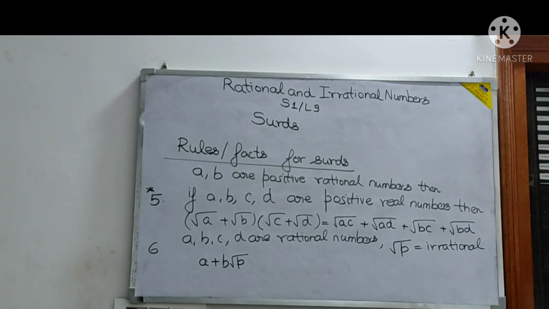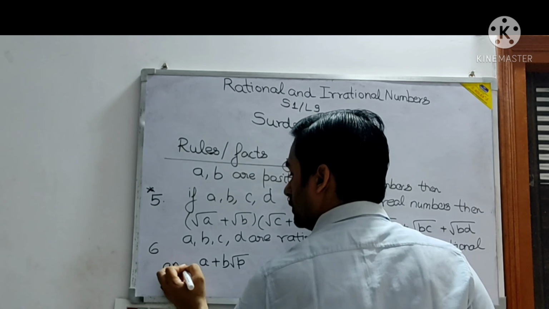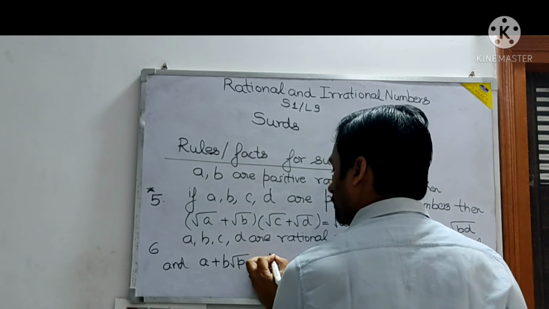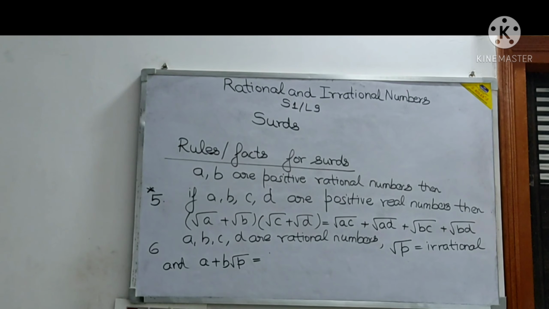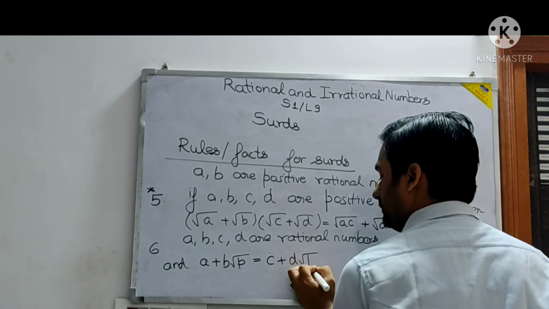A plus B root P is equal to C plus D root P.